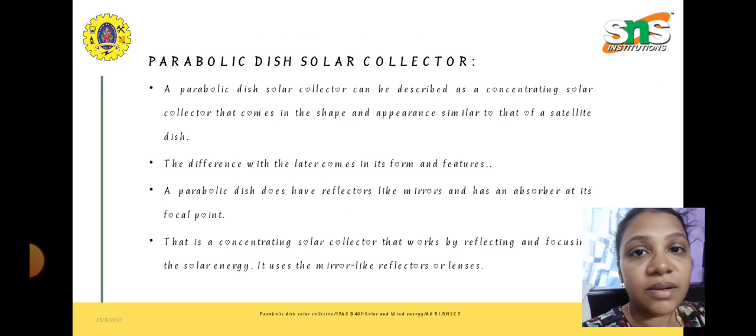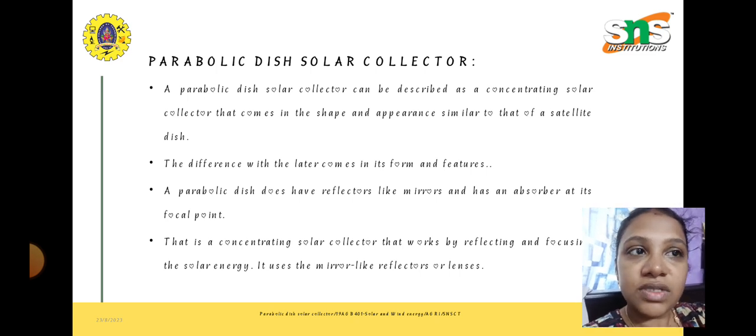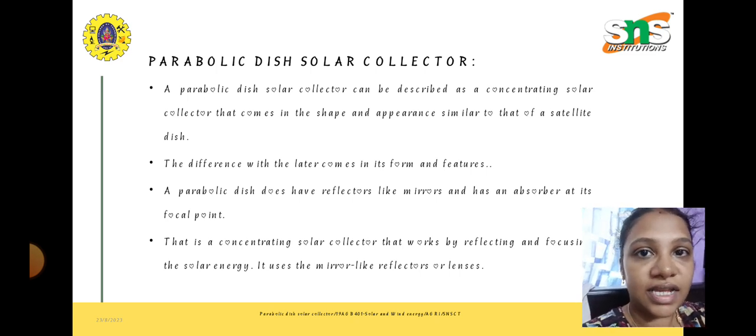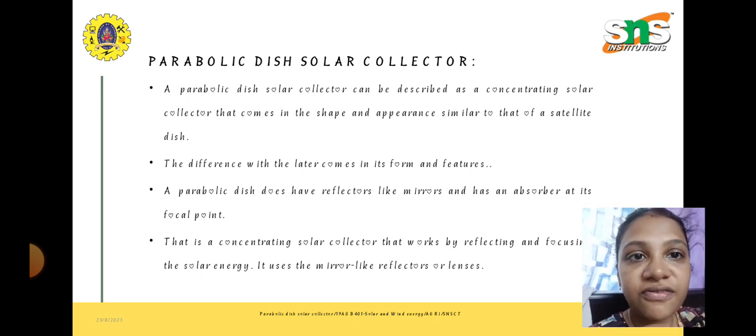A parabolic dish solar collector is described as a concentrating solar collector that comes in a shape and appearance almost similar to that of a satellite dish. It looks like a half concave. The difference from the latter comes in its forms and features.